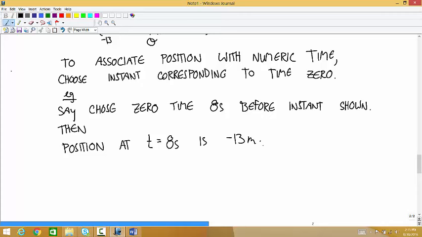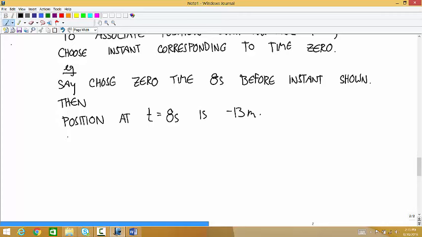And mathematically, the way that we can say that is we can treat position as a function of time.